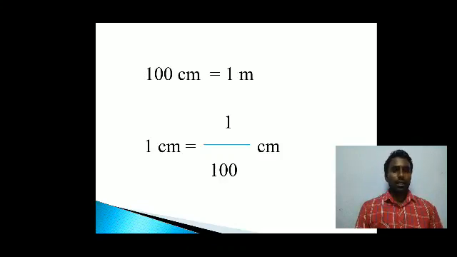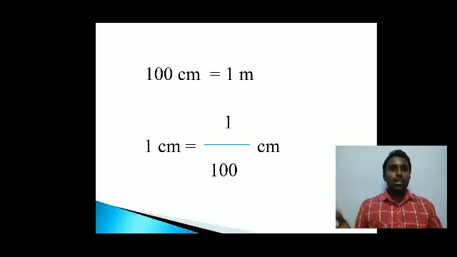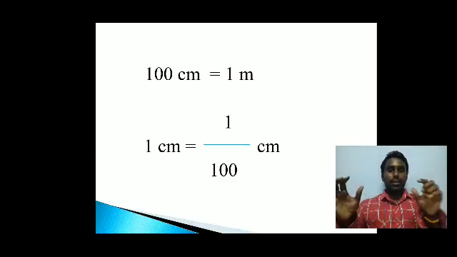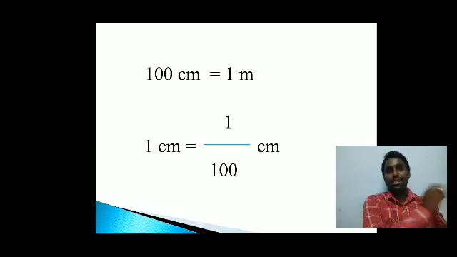For example, the scale you buy is a 30 centimeter scale, and a small scale is 15 centimeter. Likewise, if we increase the number of centimeters up to 100, we call it a 1 meter scale. 1 meter is, for example, 30 centimeter, 30 centimeter, 30 centimeter and 10 centimeter.